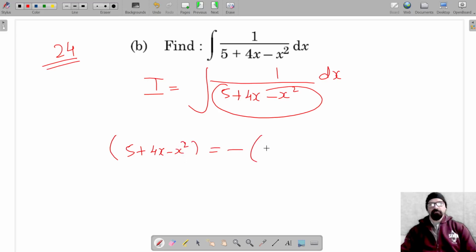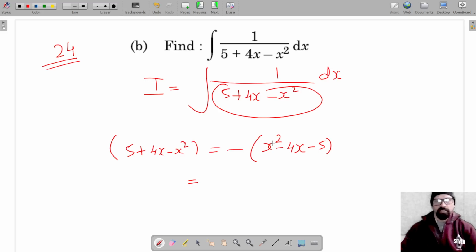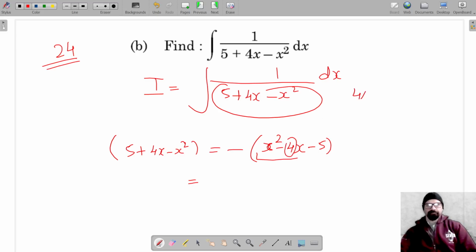If I take negative common, I get negative of x square minus 4x minus 5. Now let's get this into a minus b the whole square by completing the square. I'm going to multiply 4 with half, which gives me 2, so let's add and subtract the square of 2 in this.